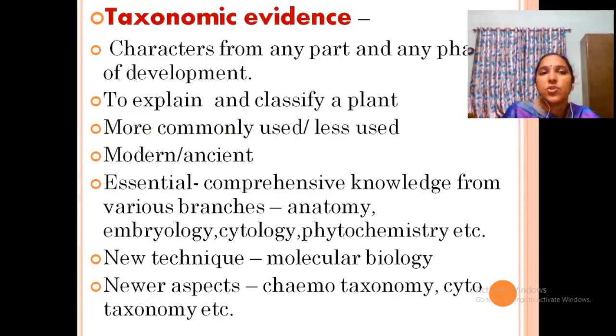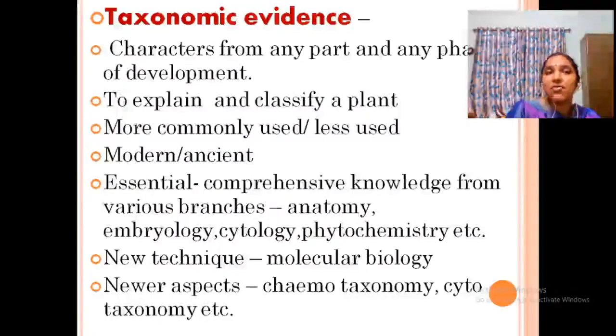Characters from any part and any phase of development of a plant are taken into consideration while studying taxonomy. So, it is very important for describing and classifying a plant. Some characters are widely used, for example the structure of the flower, the number of stamens, adhesion and cohesion of stamens, and gamopetalous or polypetalous conditions.